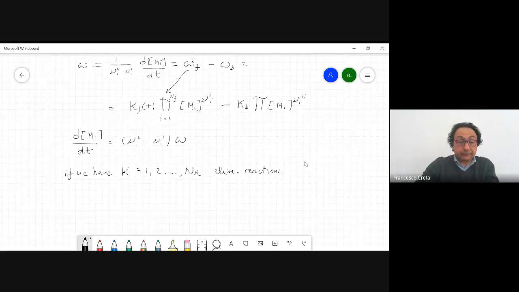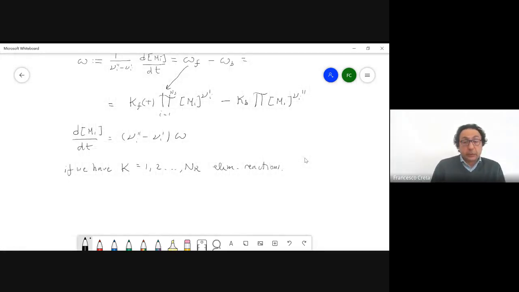So let me rewrite each elementary reaction in the following way. I'm introducing essentially another index, not just i for the species. This is the summation on the species from 1 to ns, but also k. k indicates that this is the kth reaction. So we still have M_i here, because these are the species.